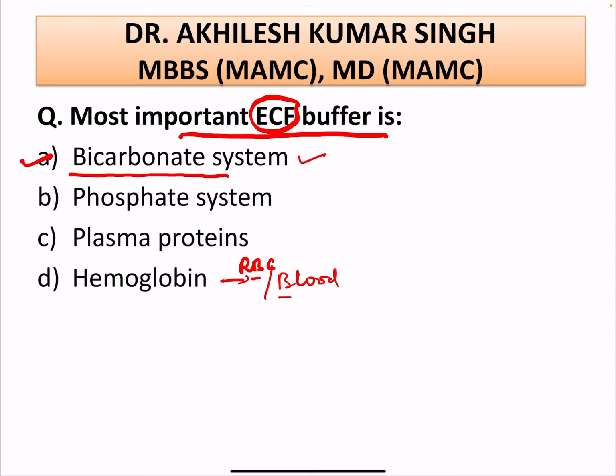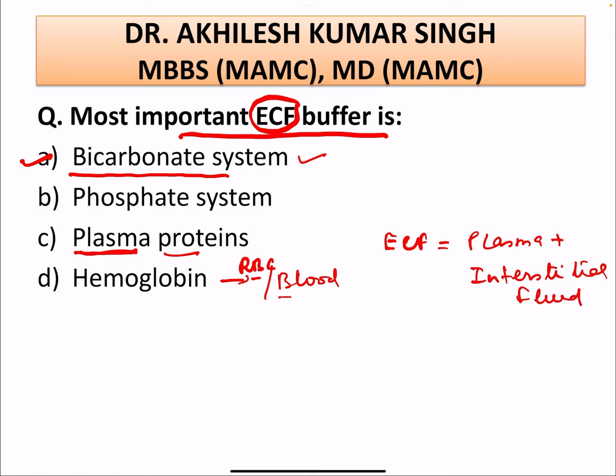The plasma proteins are present in the plasma, and you also know that the ECF is made up of the plasma plus the interstitial fluid. So the plasma proteins will act as the important buffer for the plasma, but the ECF includes the interstitial fluid also. So this will not be the correct answer here.